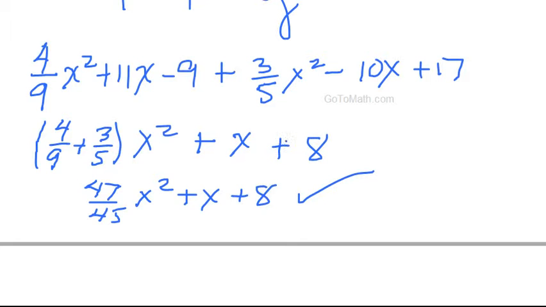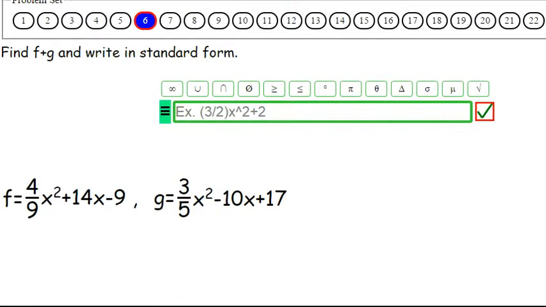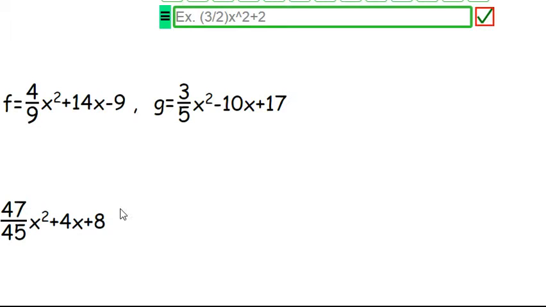So you really need to get this stuff down, because in the rest of algebra we work a lot with polynomials. Alright, let's better hurry. 47 over 45x squared plus 4x plus 8.